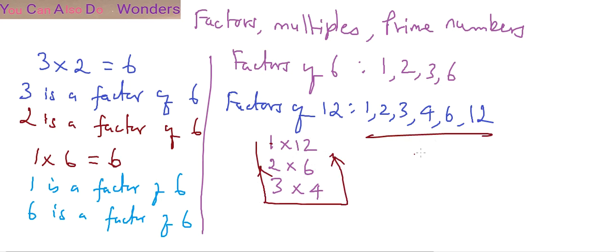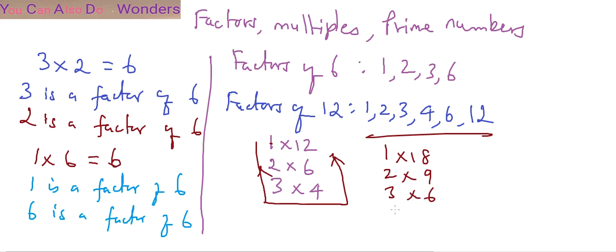Okay, similarly factors of 18. So it's 1 into 18, 2 into 9, 3 into 6. And 4, it's not divisible by 4.